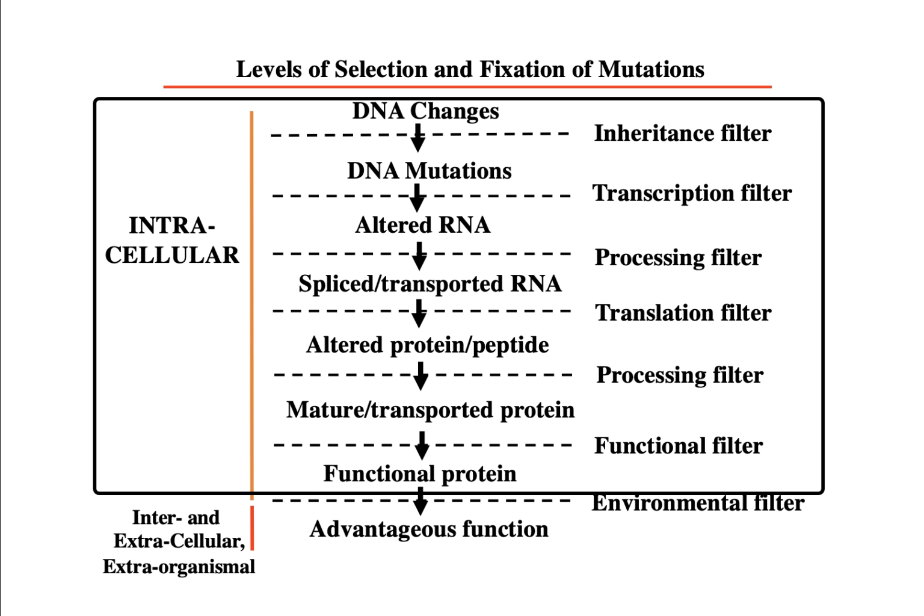But recall, I was talking that there are all these other filters back here that lead to selection in one way or another, leading to mutations, altered RNAs, altered splicing, all the way down to forming a functional protein or a non-functional protein. So there are many levels of selection acting within each cell, and then within each tissue, and within each organism, and then extra-organismally as well.